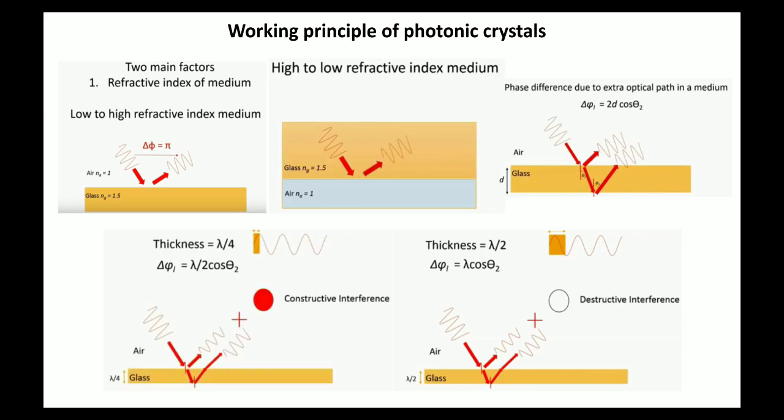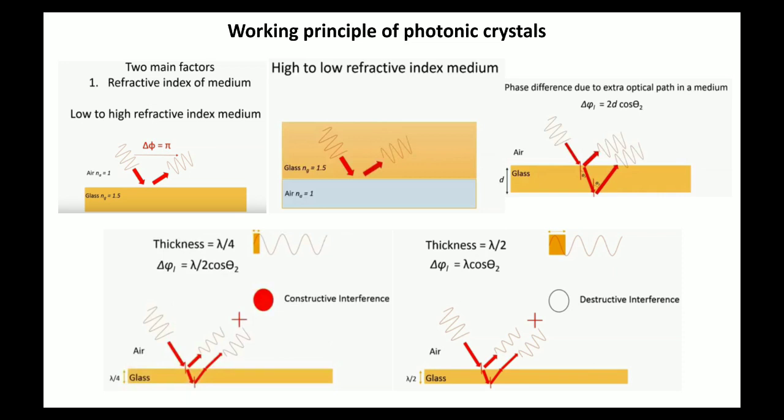Now in that case, both the reflected rays, from the low to high refractive index medium and the high to low refractive index medium, will constructively interfere, because the path difference is lambda by 2 cos theta 2.